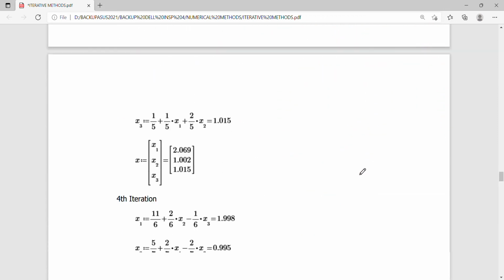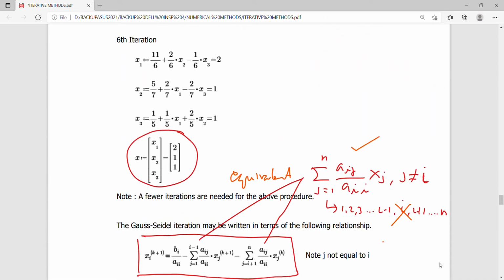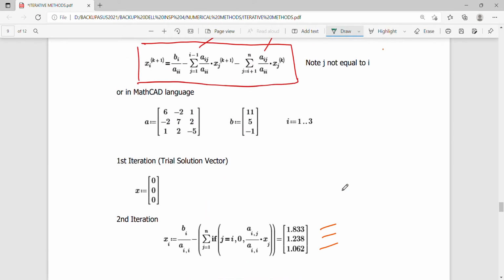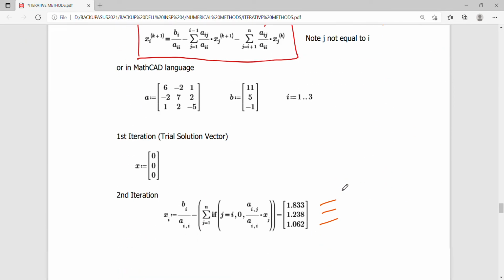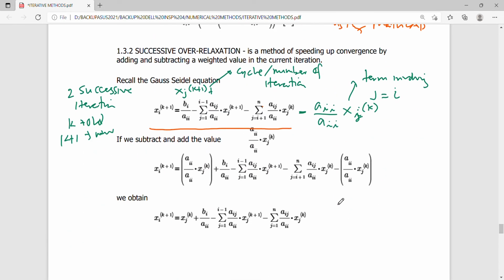So the thing here is that we have to ensure that this expression here will involve an iterate or a solution vector which is an older expression, while this ensures that these two here will ensure the latest iterate.